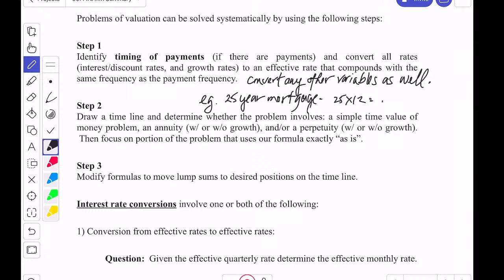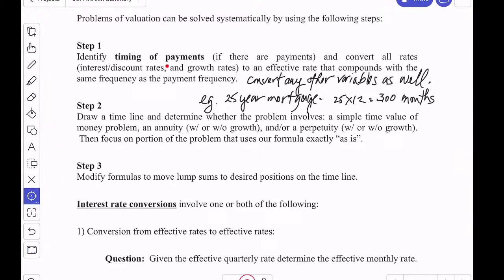Right, 25 times 12 is 300 months. So you have to convert things to monthly periods. So that's the first step: identify the timing of payments and convert all variables to the same frequency.